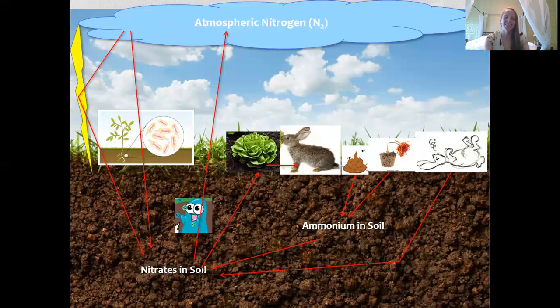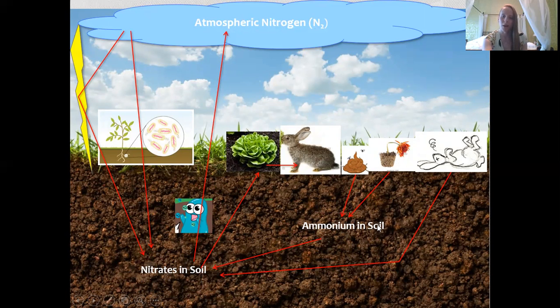So this is kind of the diagram that you need to be familiar with. Again, on a test or quiz, the diagram is not going to look exactly like this, but you do need to kind of recognize the main different parts. So we have the atmospheric nitrogen, or N2, that's our nitrogen gas up in the atmosphere. We have some nitrates in the soil.